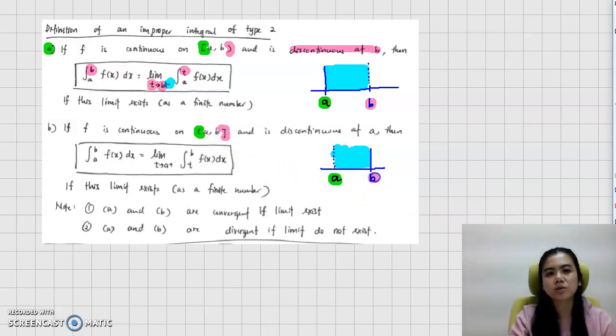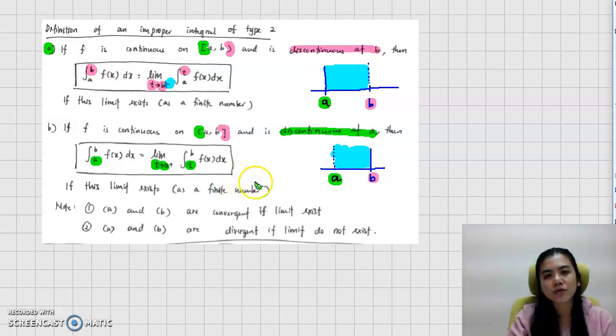The one that gives you a problem is a. So the function is discontinuous at a, and you have to change the one that gives you a problem with t. So in here you change it to t, and the limit will be t approaching a.